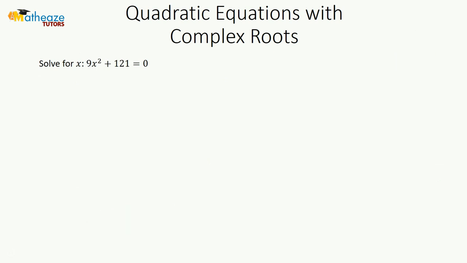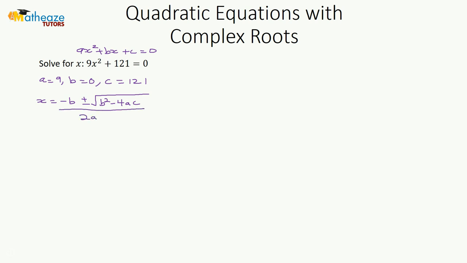Final example, let's compare ax squared plus bx plus c equal to 0. So here a equal to 9, b equal to 0, and c equal to 121. But x is equal to negative b plus or minus square root of b squared minus 4ac over 2a.